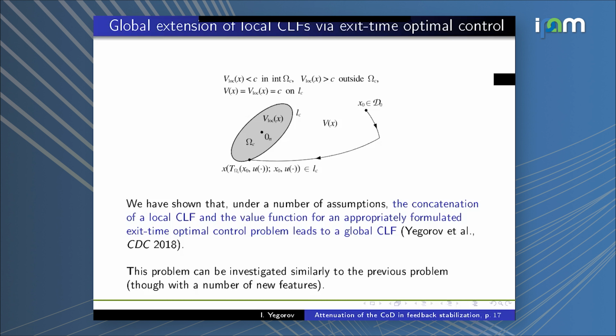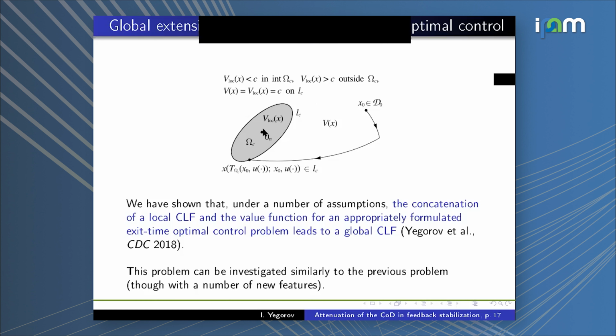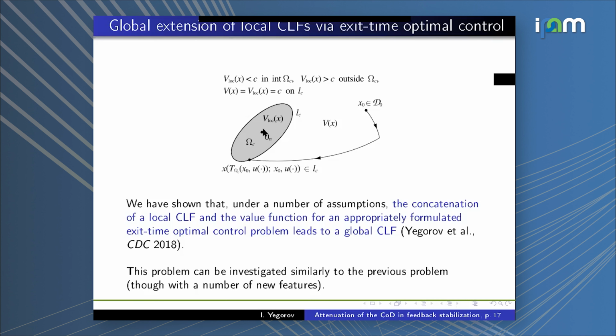And though it seems rather obvious, it still has to be proved that under a number of assumptions that aren't very restrictive, they are quite common and reasonable, if we concatenate this local control Lyapunov function VLocal and the value function in the exit time optimal control problem stated with respect to this target set, then this concatenation will actually give us the global control Lyapunov function.